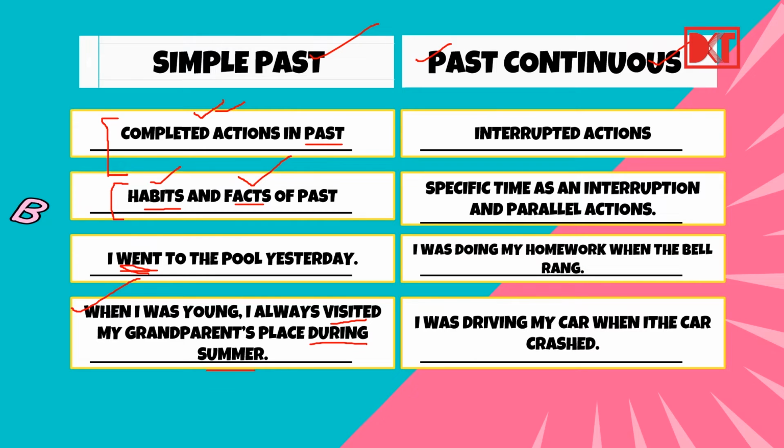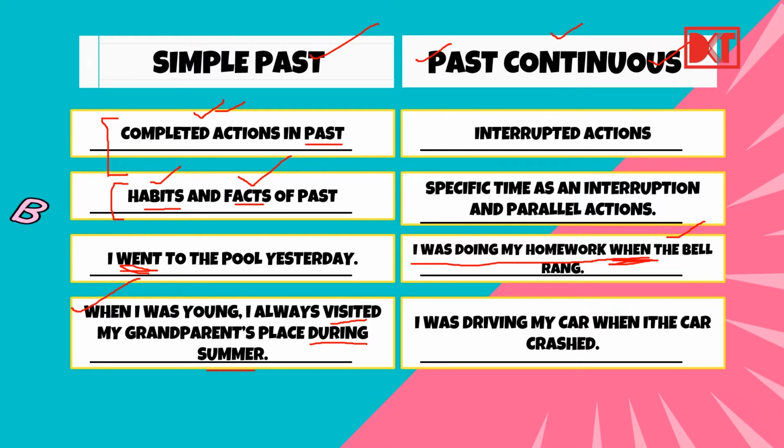I was doing my homework. ये हो गया past continuous कि मैं अपना होमवर्क कर रही थी, past में कर रही थी अपना होमवर्क और फिर क्या हुआ? ये एक्शन इंटरप्ट हो गया, राइट? When the bell rang. तो मैं प्रोसेस में थी अपना होमवर्क करने के कि अचानक से वो इंटरप्ट हुआ और क्या हुआ? The bell rang. So an interrupted action is represented by past continuous.